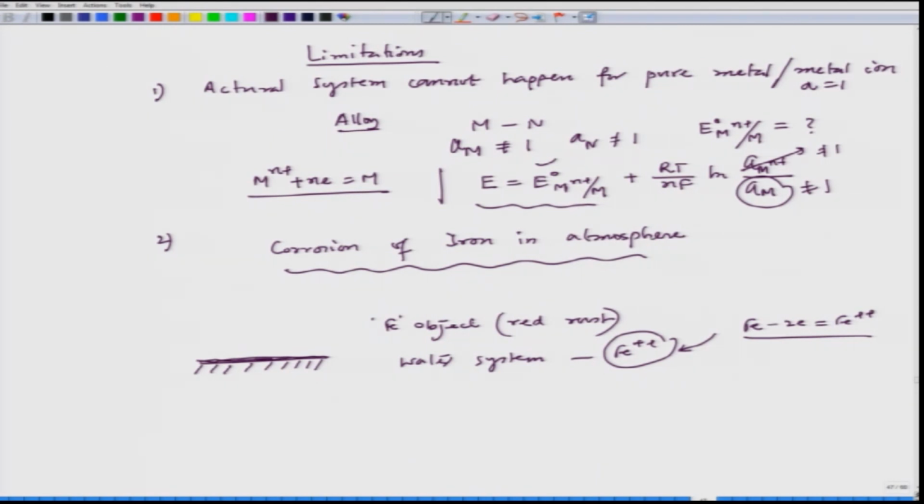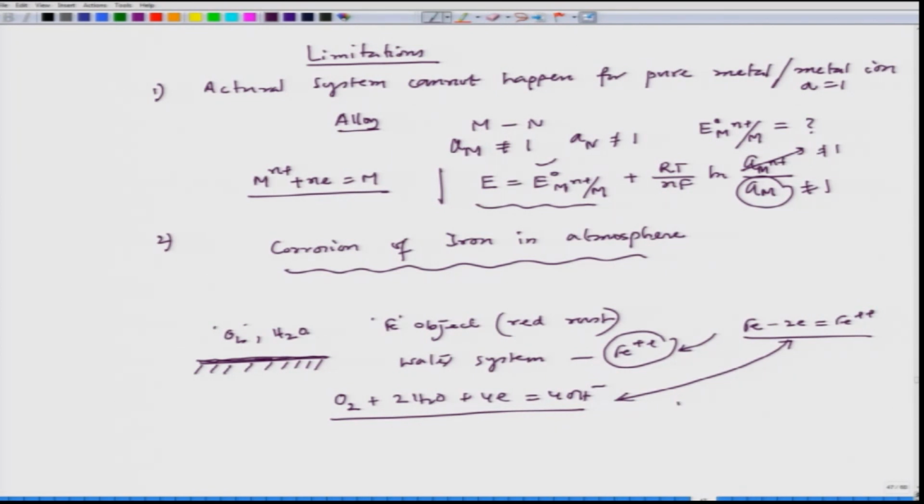But there are dissolved oxygen as well as water, and since the atmospheric water is mildly acidic, we can consider it to be neutral. In the neutral medium we know there is a possibility of this reduction process. If we have this reduction, then this oxidation reaction must happen in order to supply electrons for these reduction reactions.